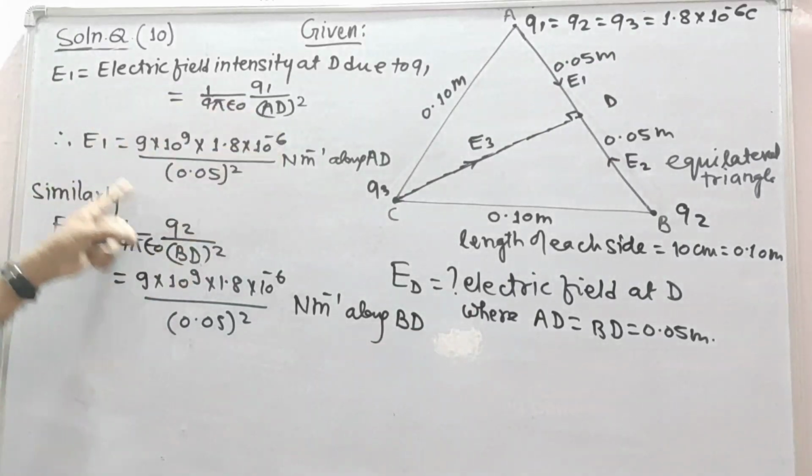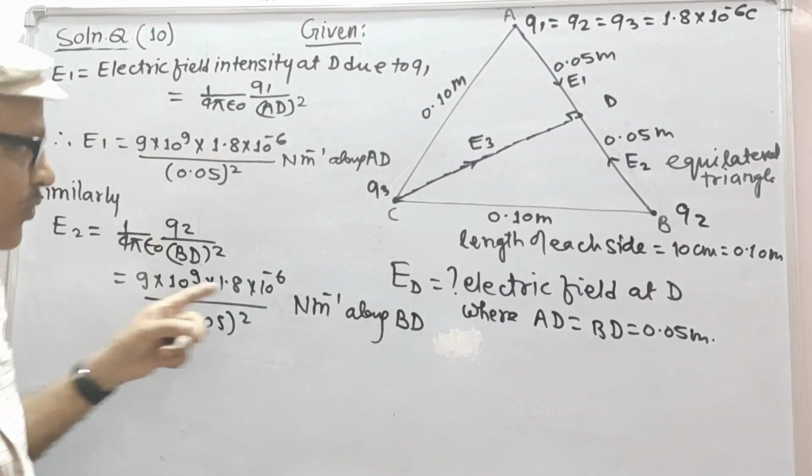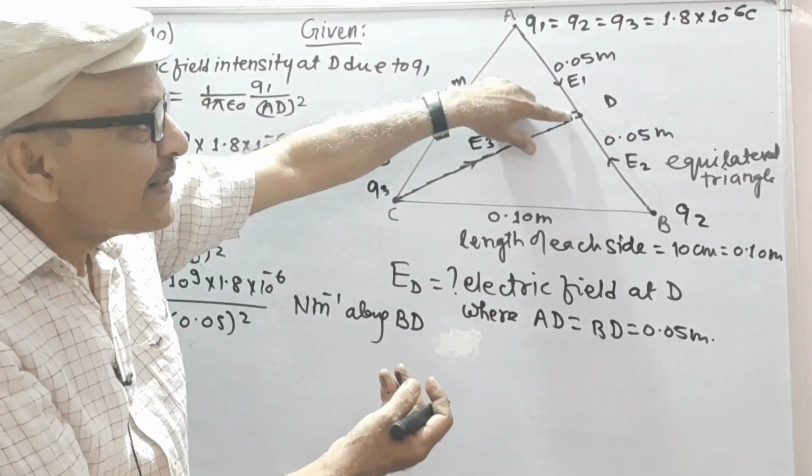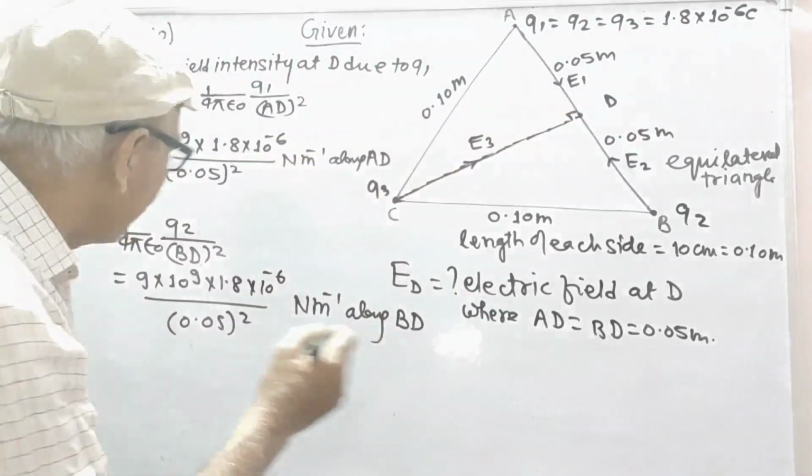So, E1 and E2 are equal and opposite to each other. Therefore, they will cancel each other at point D.